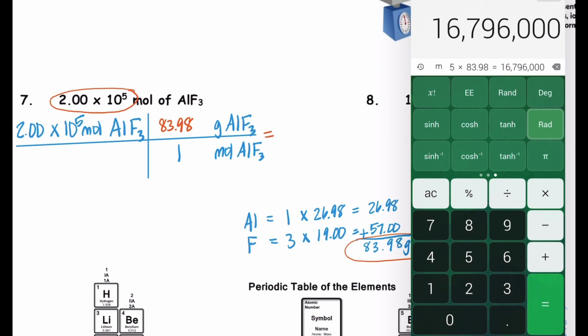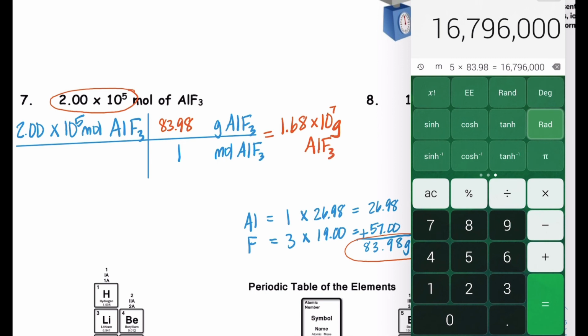So our final answer will also be recorded in 3 significant digits. 1.68 times 10 to the power of 7 grams of aluminum fluoride is our final answer.